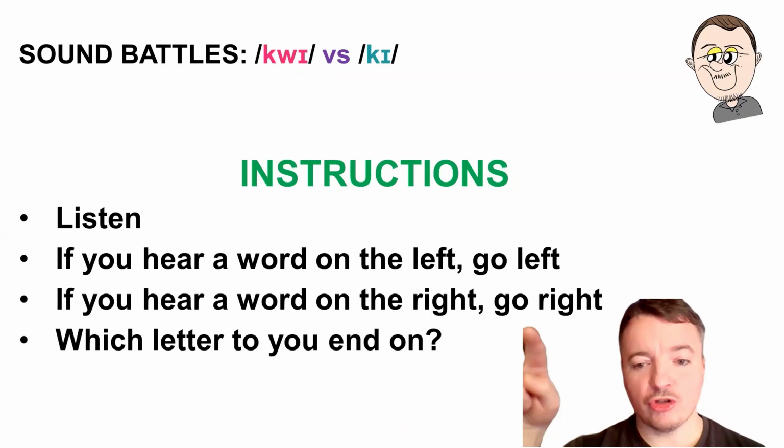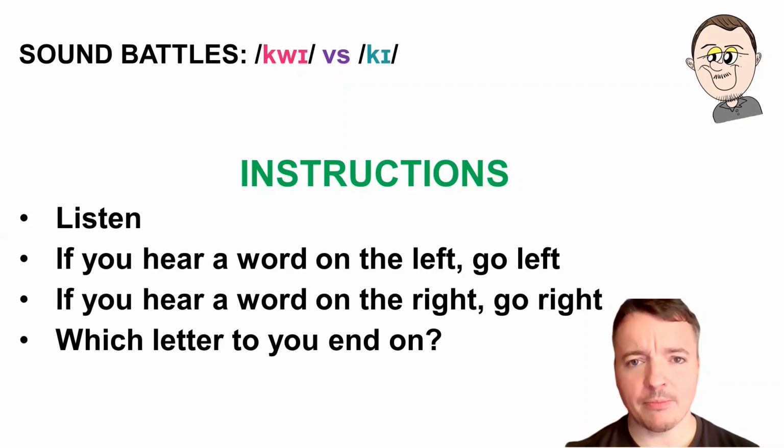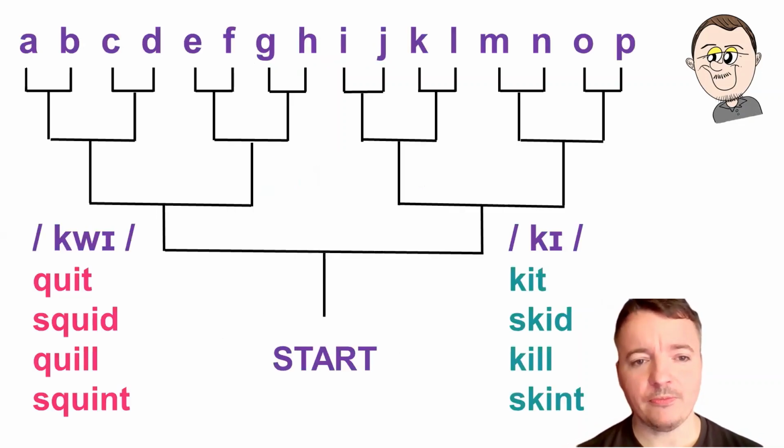And then which letter do you end on? Let's do an example practice first. So the qui words are on the left. The ki words on the right. Ready? It's the first one. Example. Quit. Is it left or right? Quit. Yeah, left.